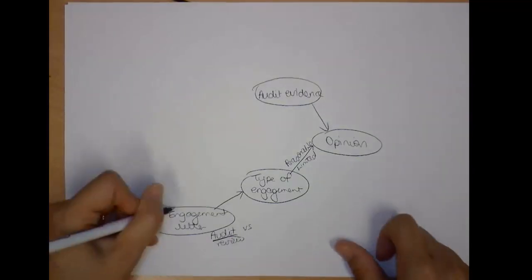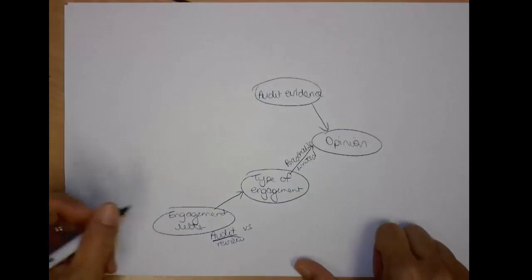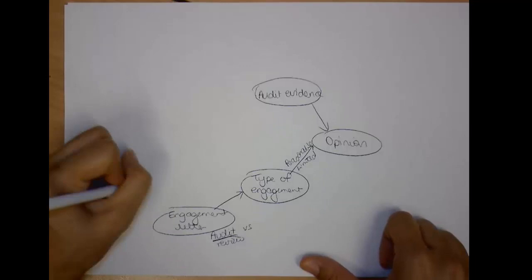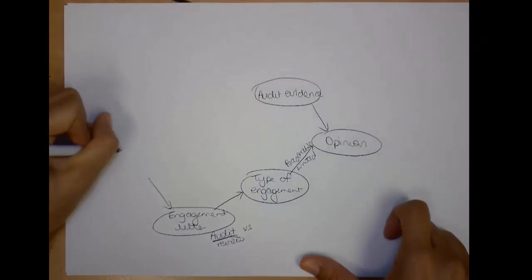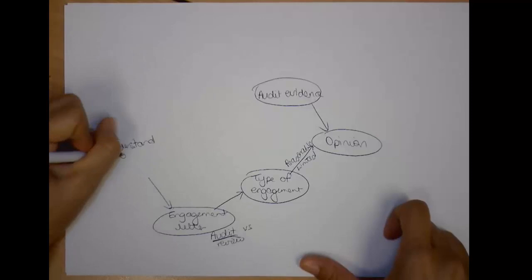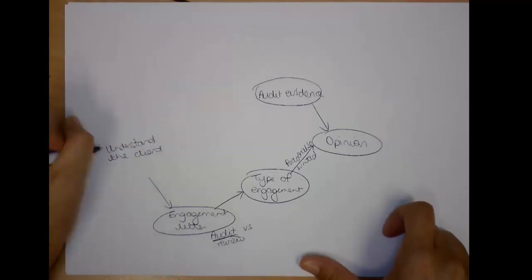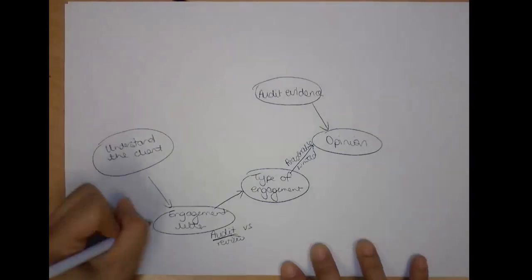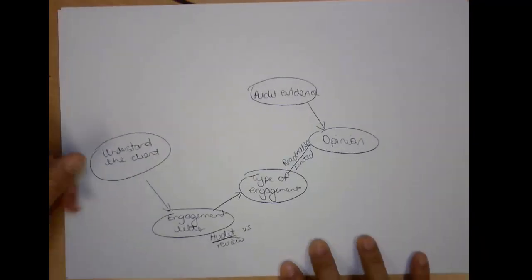Now, before I sign my engagement letter, I need to make sure that I investigate the client. So I need to understand the client to figure out whether they're a good fit, what the sort of risks might be, and then I also need to determine whether I have the technical skills.